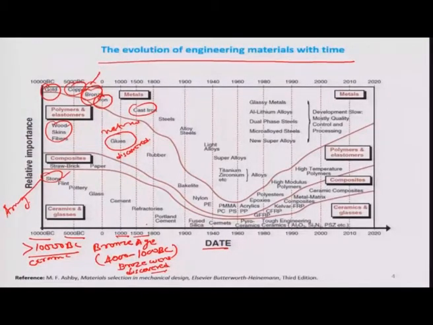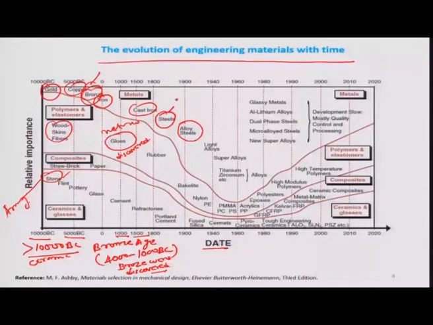Cast iron was dominant in the 1620s, but you can see from this plot that the use of these materials continuously decreased with time, as new materials were discovered. In 1850 steel was discovered.